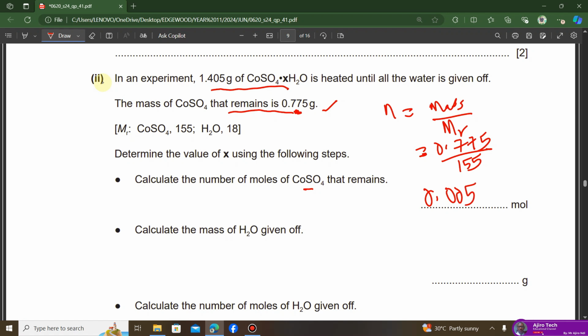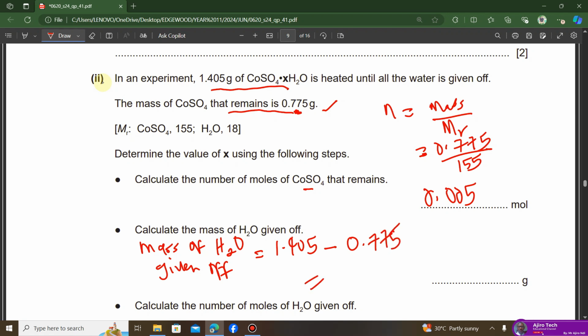Now, the next one is to calculate the mass of H2O given off. The mass of water given off will simply be the mass of the hydrated substance, which is 1.405, minus that of the anhydrous, 0.775.